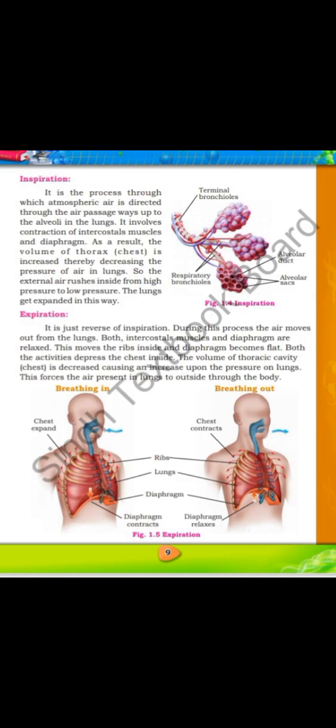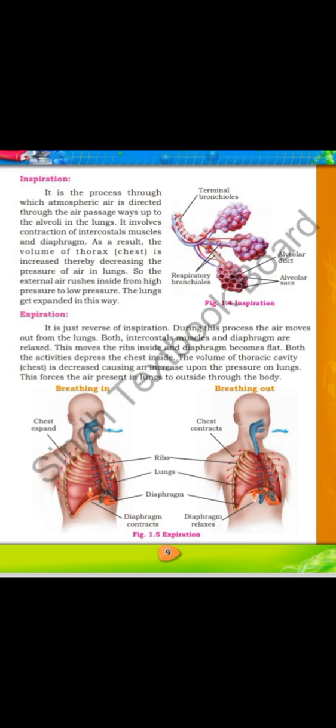Dear students, in figure 1.5, expiration has been shown, and the breathing in process and breathing out process has also been shown.